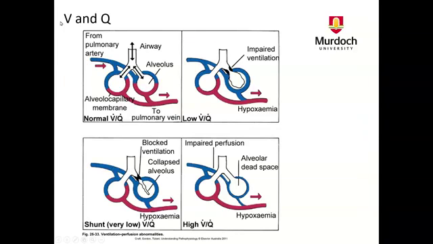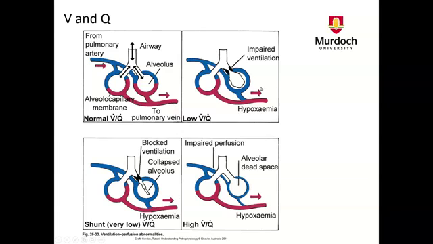So we call that the V and Q ratio, ventilation and perfusion. They have to work together. So in the ideal scenario, we have air coming into our alveoli, and the capillaries, the blood flow happens very nicely, picks up the oxygen, and therefore deoxygenated blood becomes oxygenated blood.